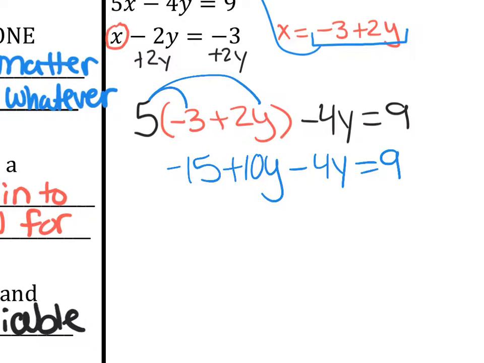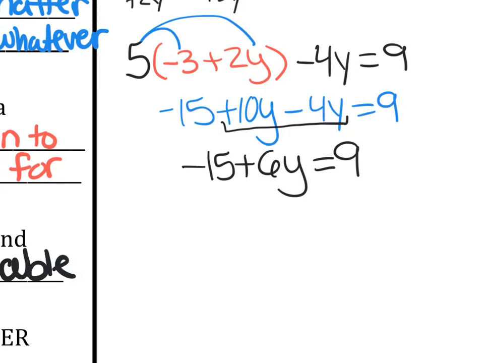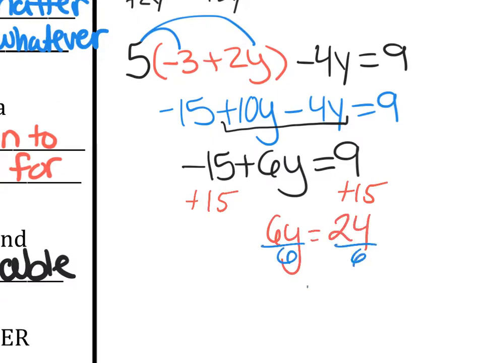So we have 10y minus 4y gives us 6y. And now I just got to solve for y. So how do I get y by itself? Add 15 to both sides. Then you divide by 6. So you get y equals 4.